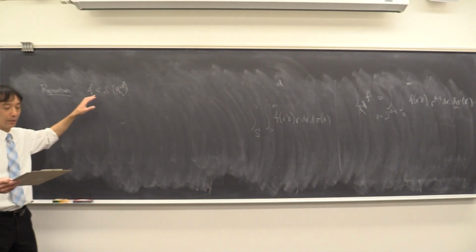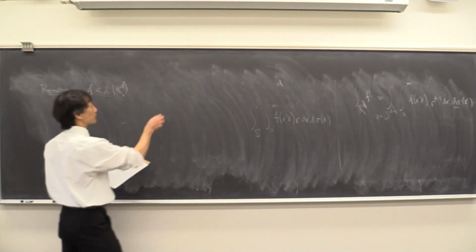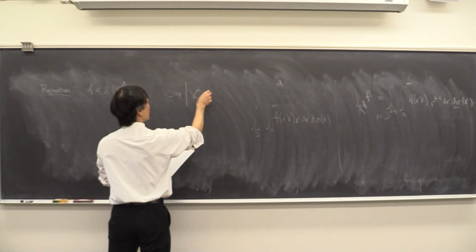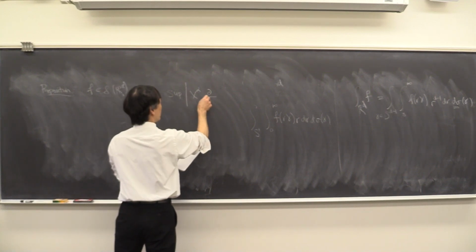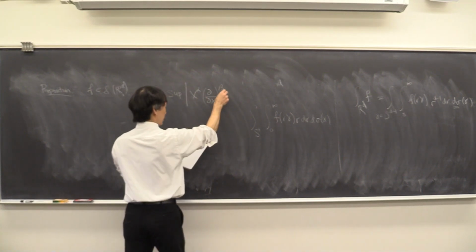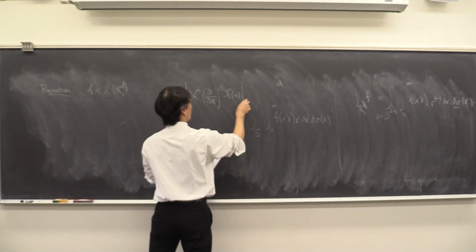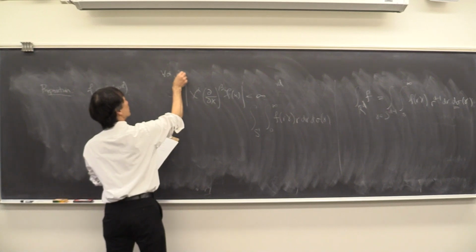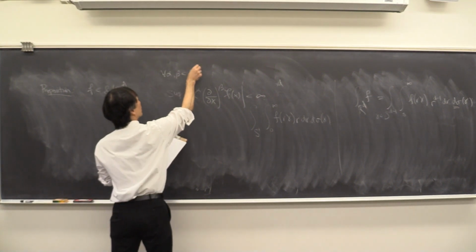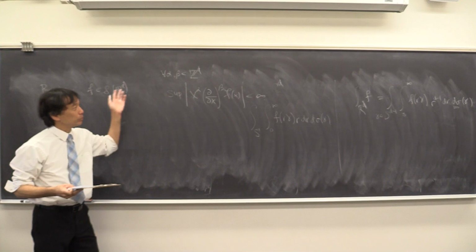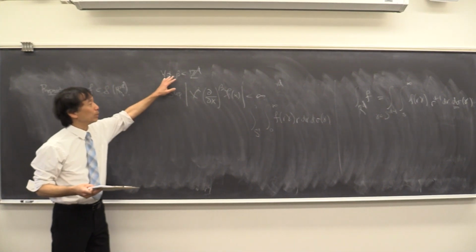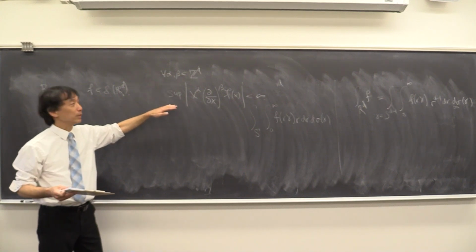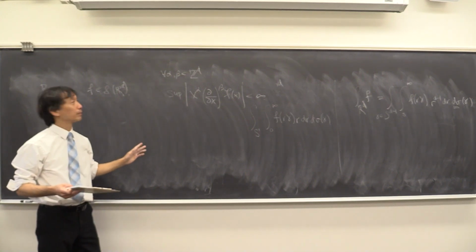We say that as long as the supremum of |x^alpha d/dx^beta f(x)| is bounded for all multi-indices, now we need multi-indices, then the function is in the Schwartz class.